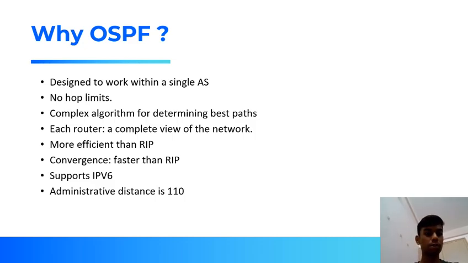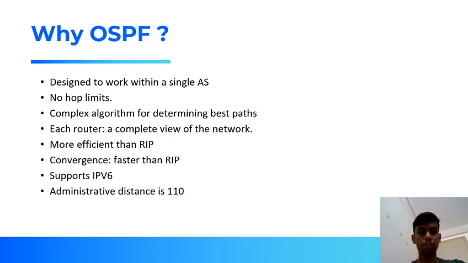But in OSPF, there is no hop limit, and you can include as many intermediate nodes as required. In general, OSPF is designed to work within a single autonomous system. It uses a complex algorithm like Dijkstra to find the shortest path and updates its routing table when there is a change in the routing map.